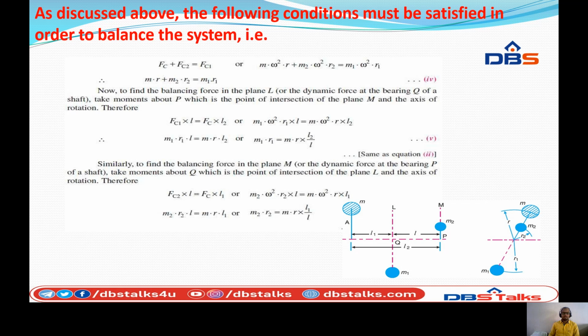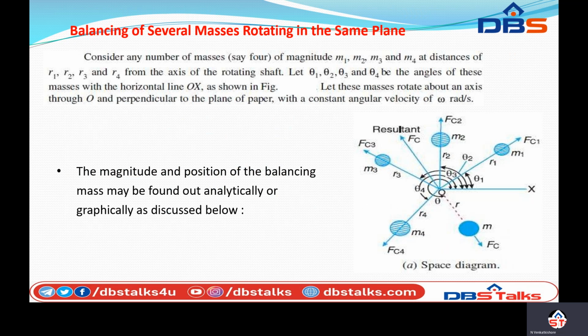Therefore, Fc2 into L is equal to Fc into L1, or m2 omega square r2 into L is equal to m omega square r into L1. That is m2 r2 into L is equal to mr L1, or m2 r2 is equal to mr into L1 by L, which is the same equation we found in the third one.